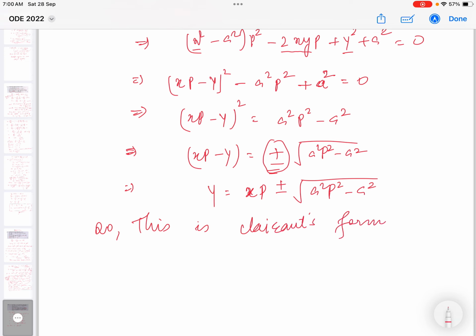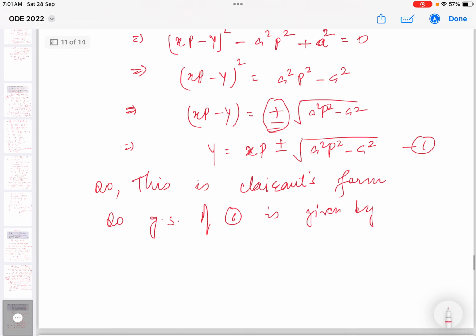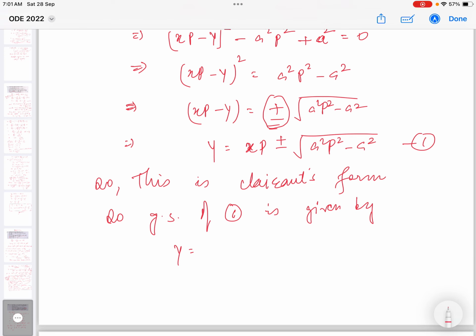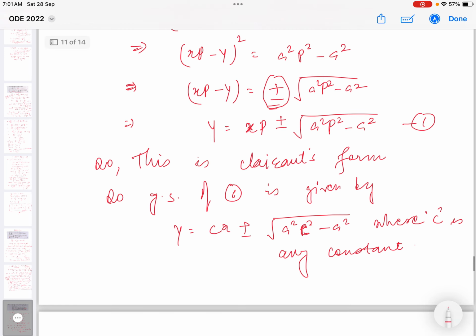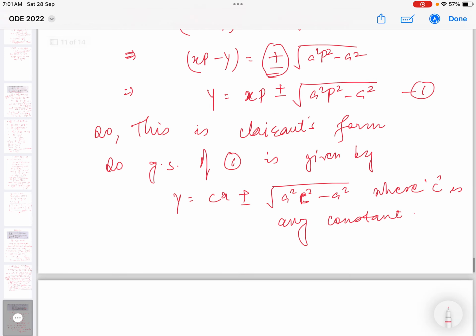Clairaut's form. So the general solution of this is given by y equals cx plus minus the square root of a square c square minus a square, where c is any constant. In order to find the singular solution, what you need to do is find the c discriminant.